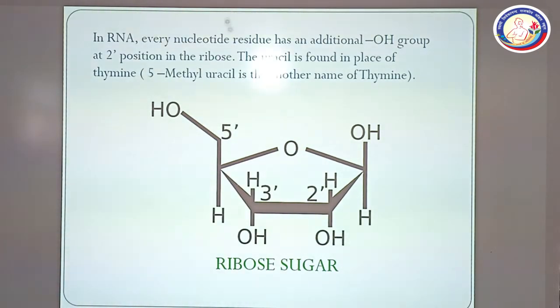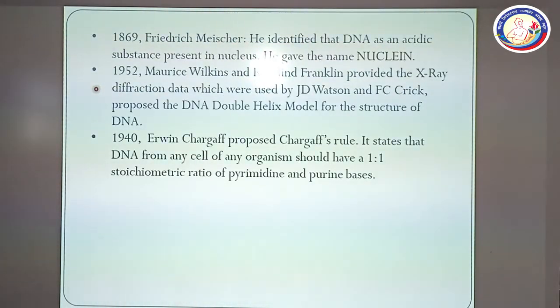The uracil is found in place of thymine. 5-methyl uracil is another name of thymine. So you can see, in RNA, the first additional thing is that an OH group is present at the 2 prime position in the ribose sugar, while uracil is also found in place of thymine.